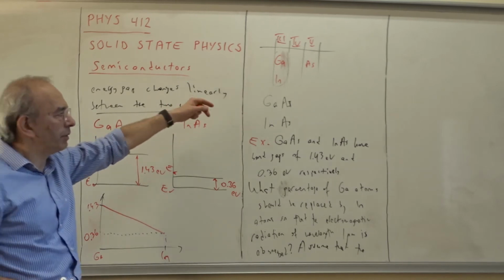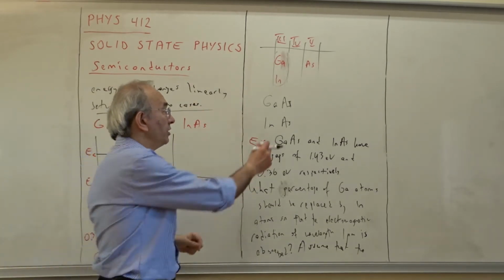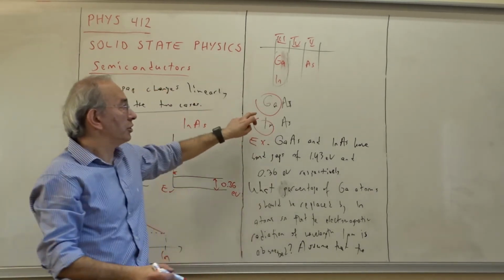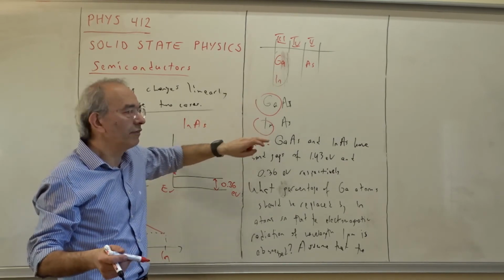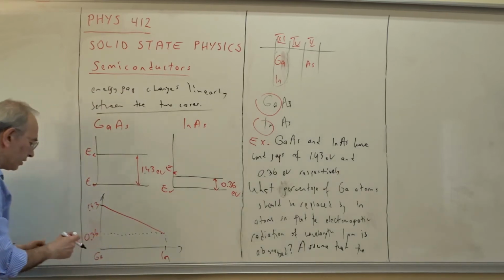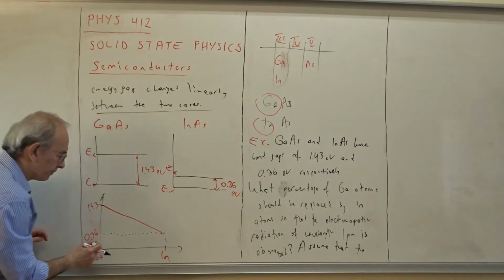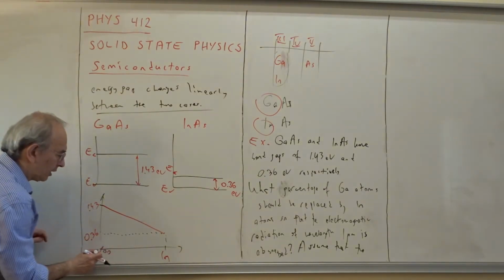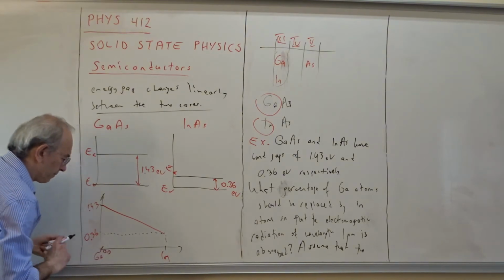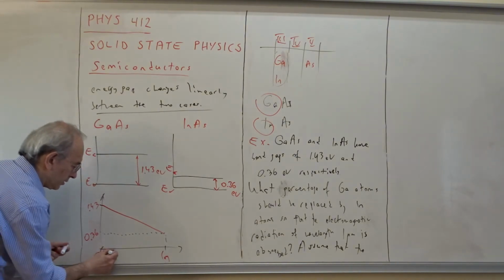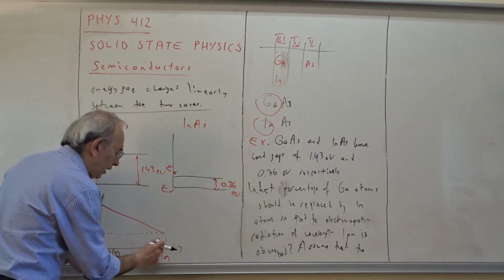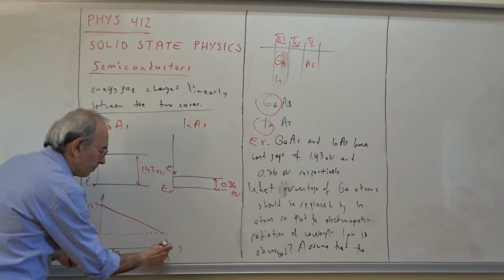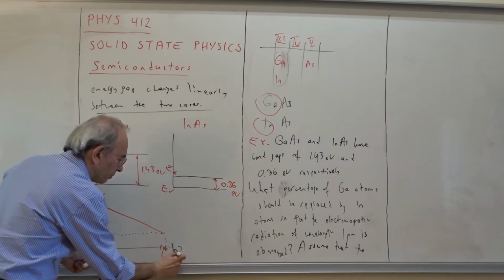Of course, the other part is arsenic, sure. But we are interested in with what percentage should we have gallium, with what percentage should we have indium. This is 100% gallium, 0 indium. This is 100% indium, 0 gallium.